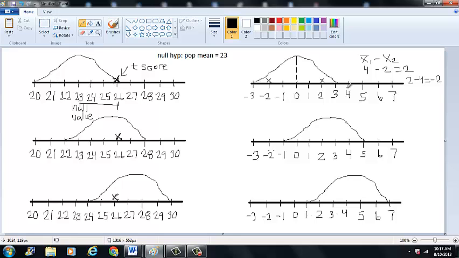If the difference between the two population means equals 2, meaning the mean of the first population is 4 and the mean of the second population is 2, the difference between the two population means is 2 when you subtract them.